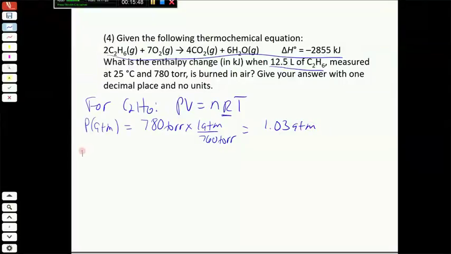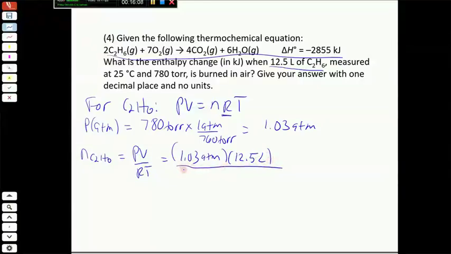And then that means the moles of ethane, we can just rearrange the ideal gas equation and say that it's equal to PV over RT. And so the pressure is 1.03 atmospheres. We're told that we have 12.5 liters. So that's the volume, we don't have to convert that.